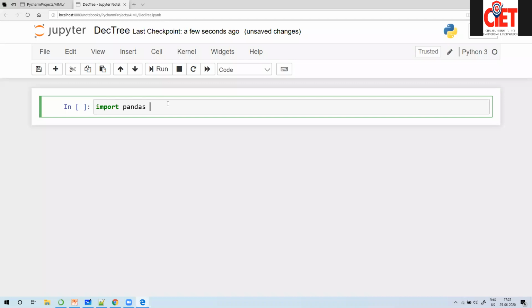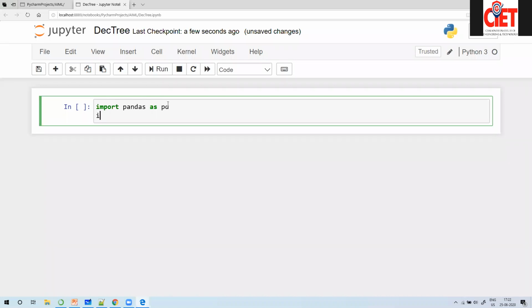Import pandas as pd. Import numpy as np.